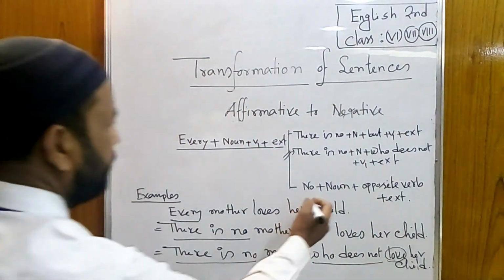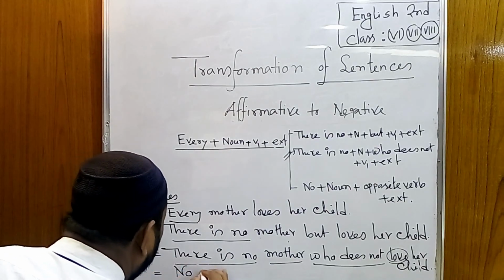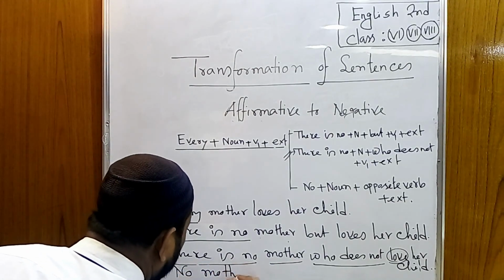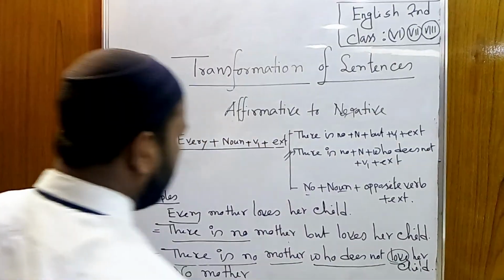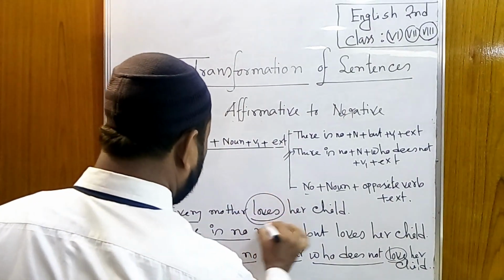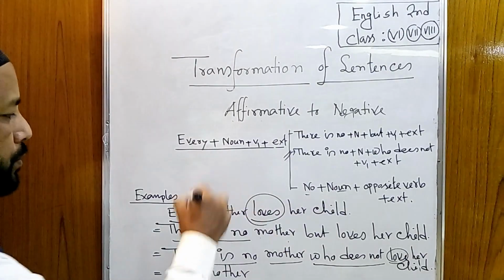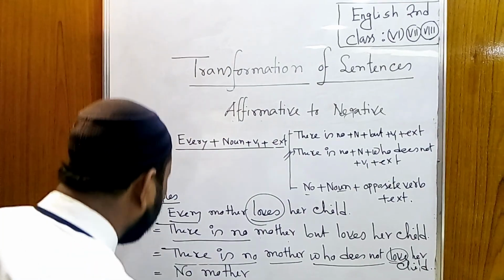Okay, the final one, no mother. No, then noun, then opposite verb. Opposite verb means the opposite of loves. What is the opposite word of loves? I know it. It's hates.